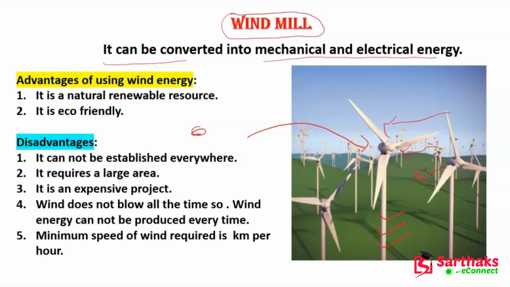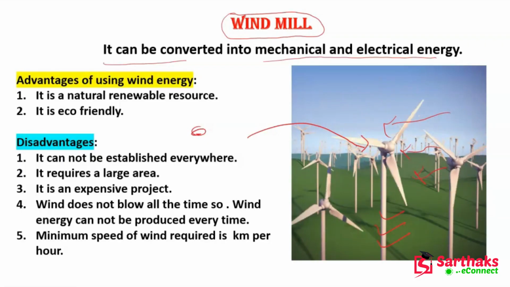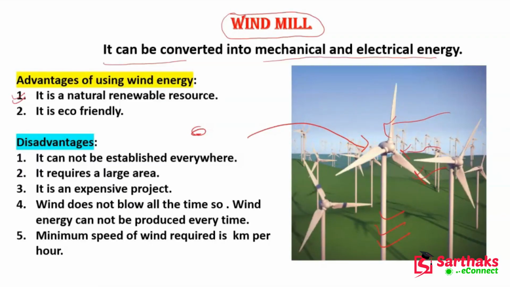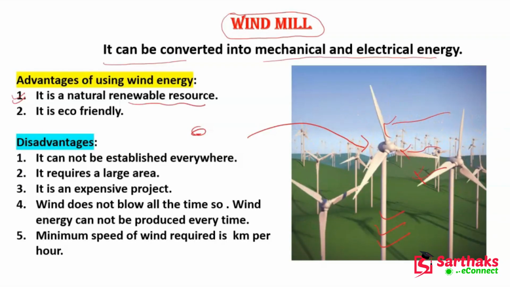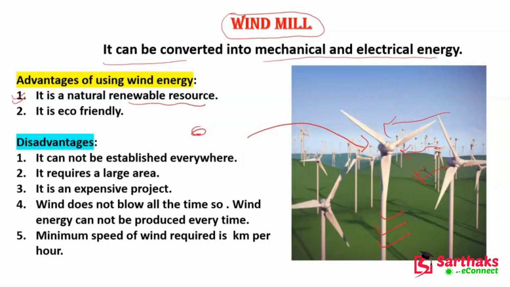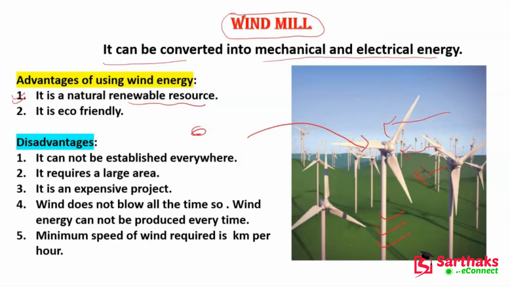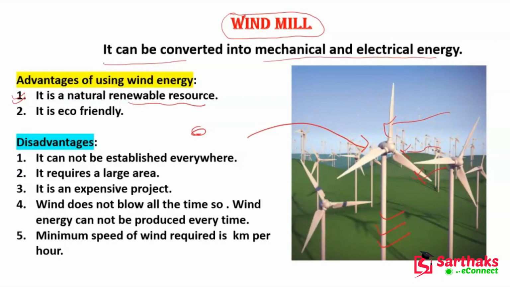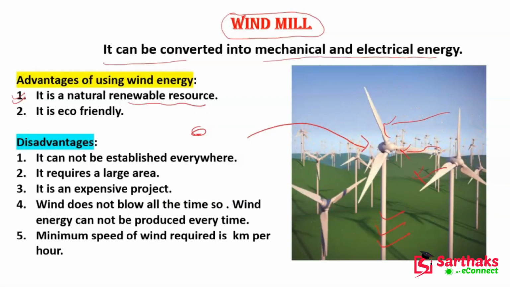Now let us talk about the advantages of using wind energy. So guys, the first advantage is that it is a natural renewable resource. Basically, what are renewable resources? Renewable resources are the resources which can be used again and again, and which are not going to finish, because what we are using here is air.